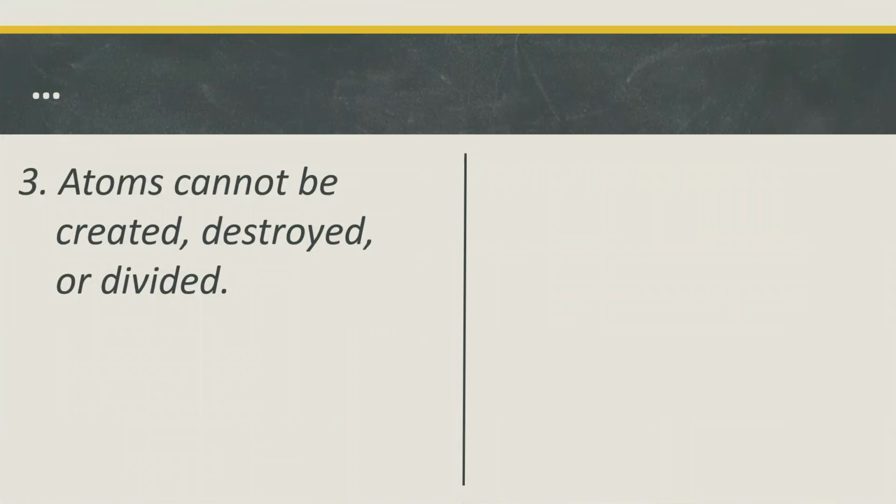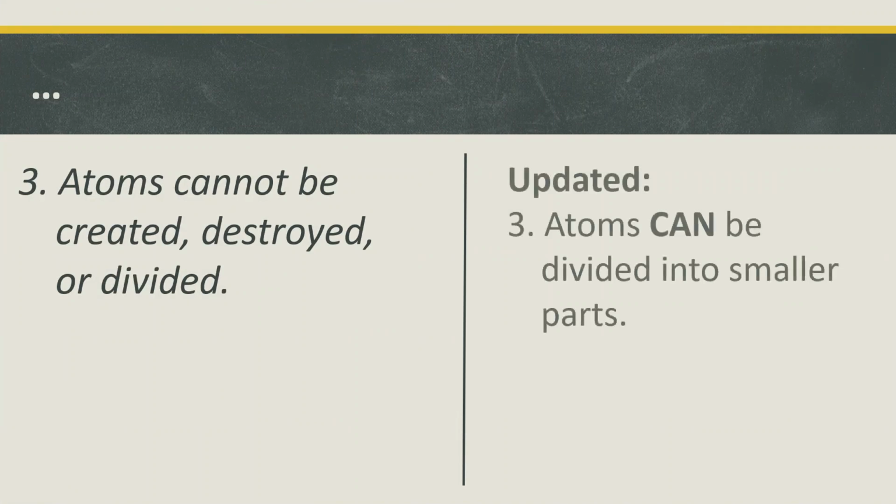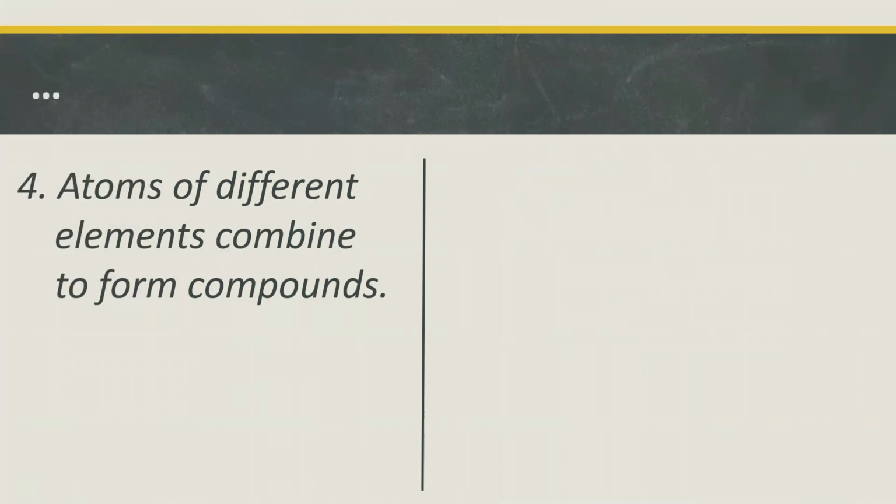His third point was basically talking about the law of conservation of matter. So yes, you cannot create or destroy matter, but we now know that you can divide them. And that's what nuclear fusion and fission is. So we've updated that. Number 4, atoms of different elements combine to form compounds.